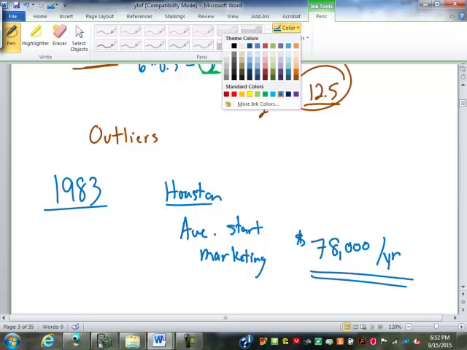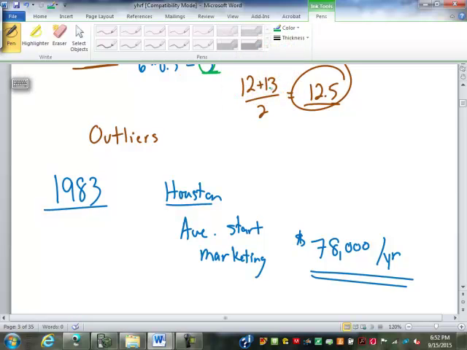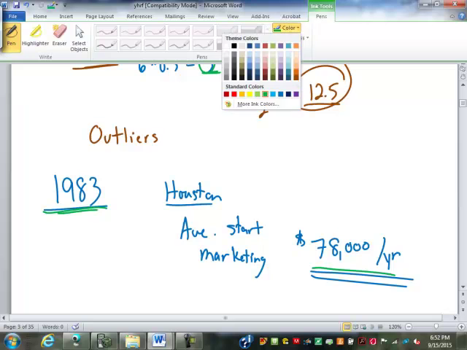Now, $78,000 a year would be really good money starting right now. I mean, extremely good money. To put it in perspective, in 1983, your average high school teacher was making about $16,000 or $17,000 a year starting. Great money, $78,000 a year.